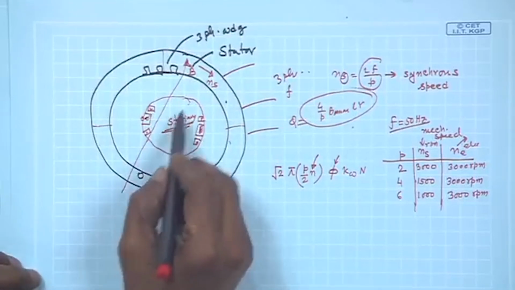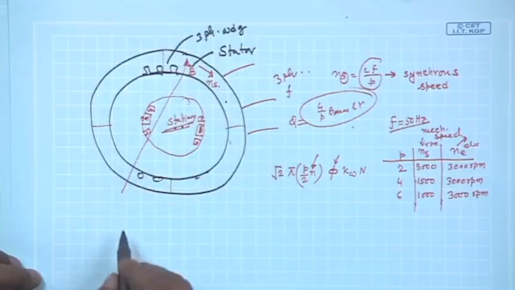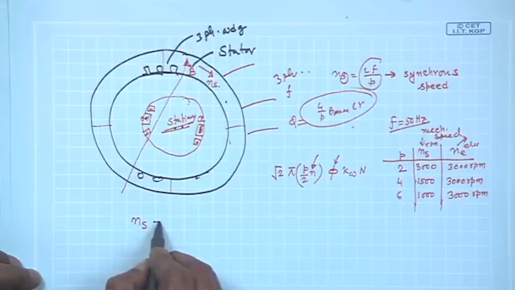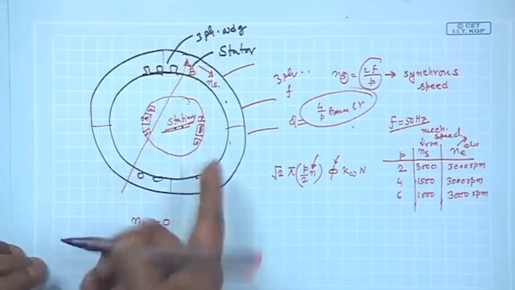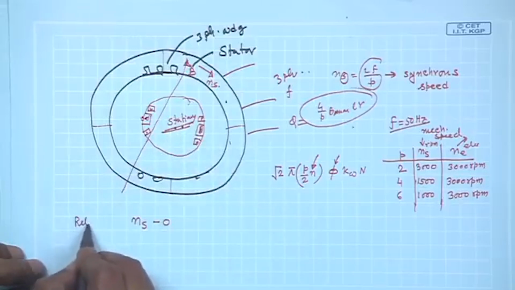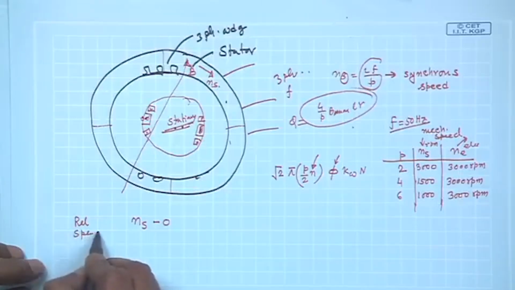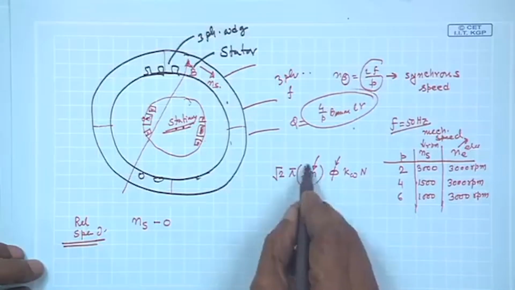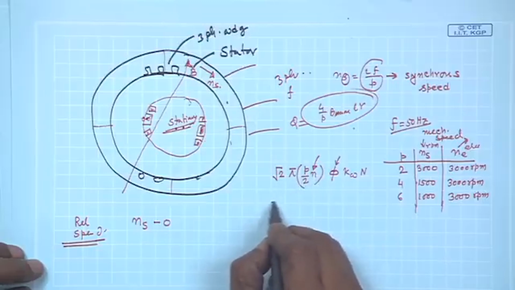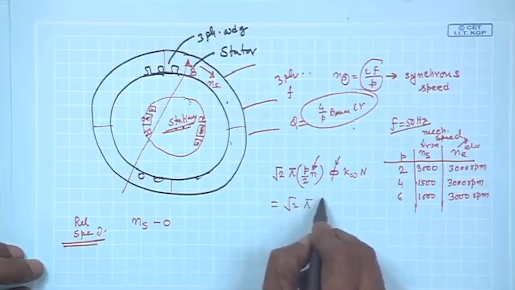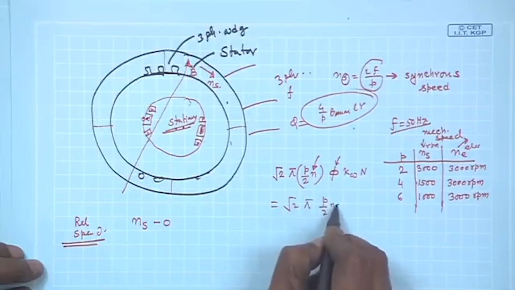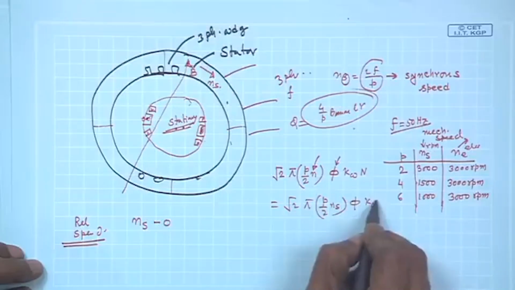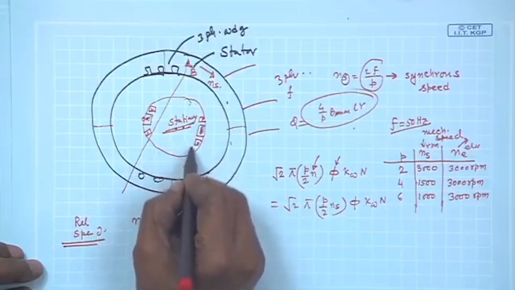If this is stationary, this is n s, mechanical speed, therefore, relative speed is n s minus 0, that will be the relative speed. But in this expression, I must convert it to electrical. So, it will be root 2 pi p by 2 n s phi kw N. What is N? N is the number of turns.